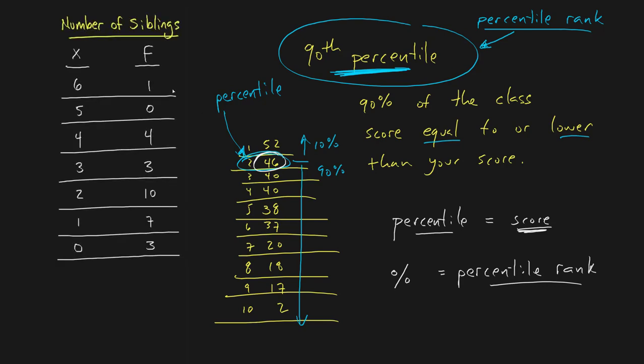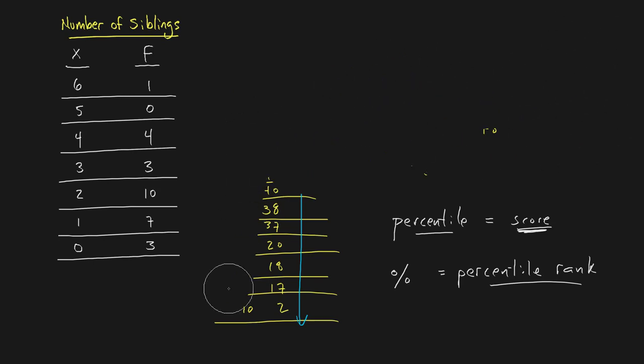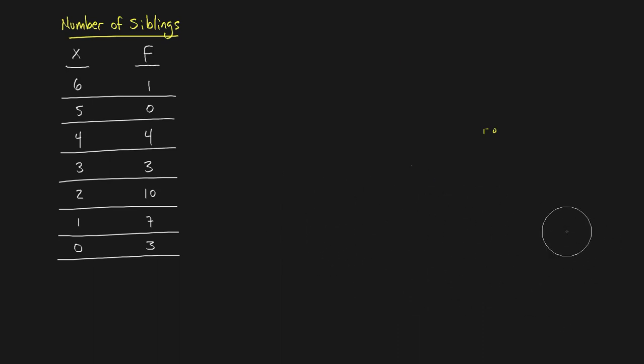So what I'm going to do is I'll do an example with our data on the number of siblings. To do that, I'm just going to clear out all of my chicken scratch over here. And I'll show you how you find percentiles and percentile ranks.